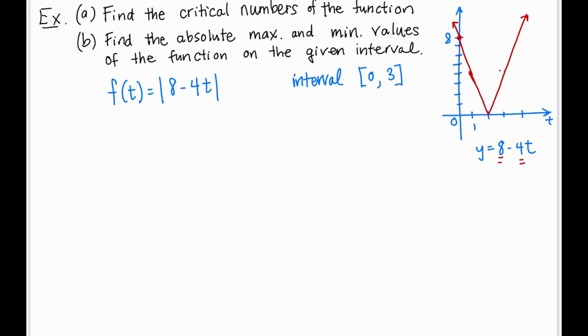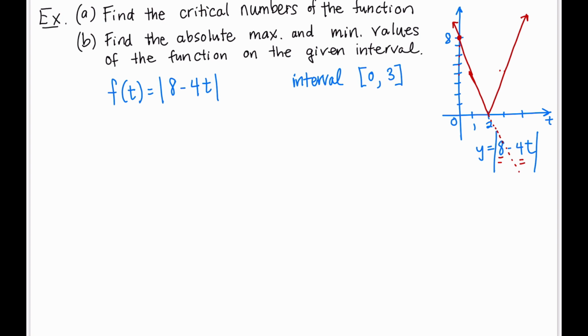Okay, and this would give me the graph of the absolute value of that line. And this x value is 2. And just so we don't forget, recall that the original function was a line that was below the x-axis when x was greater than 2.